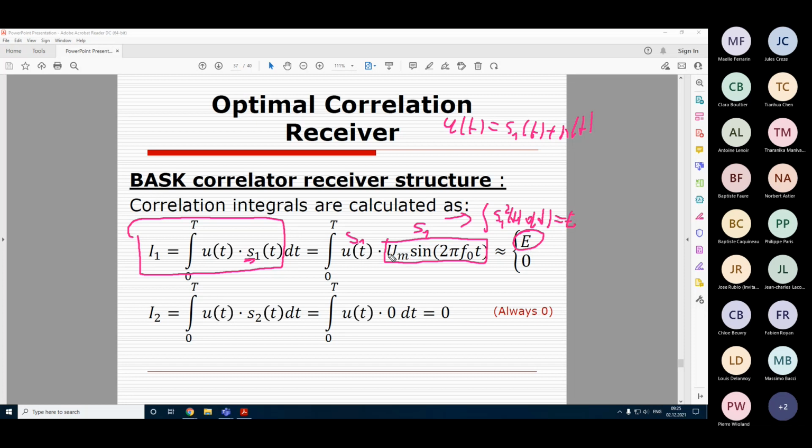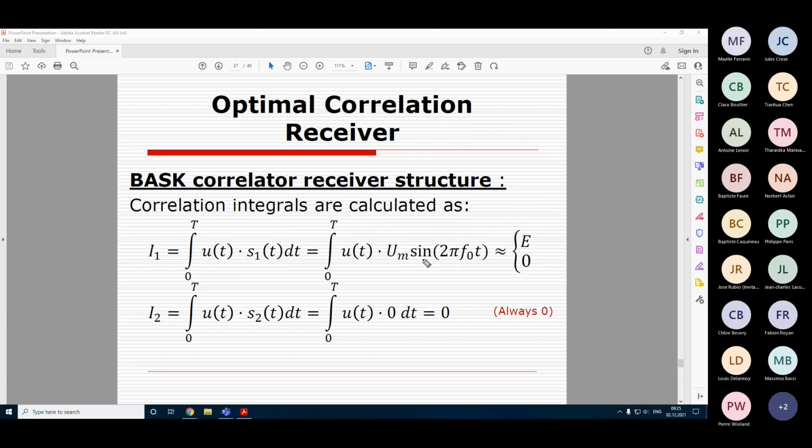Of course, this energy will be reduced by the noise, but still it will be closer to energy than to 0. Now, if the signal being transmitted was S2 plus noise, then putting S2 here, which is 0, will give the result of the integral as 0.